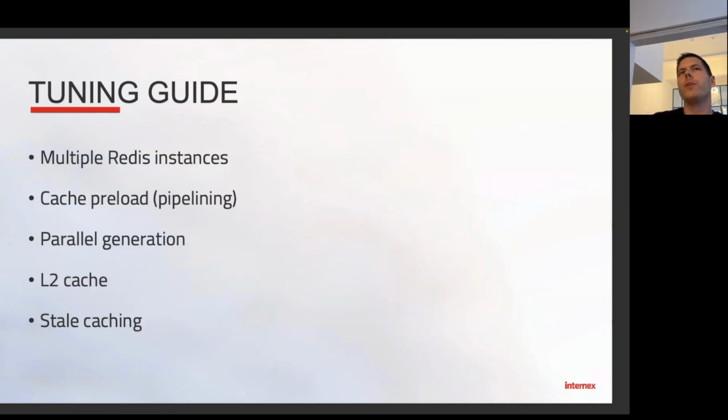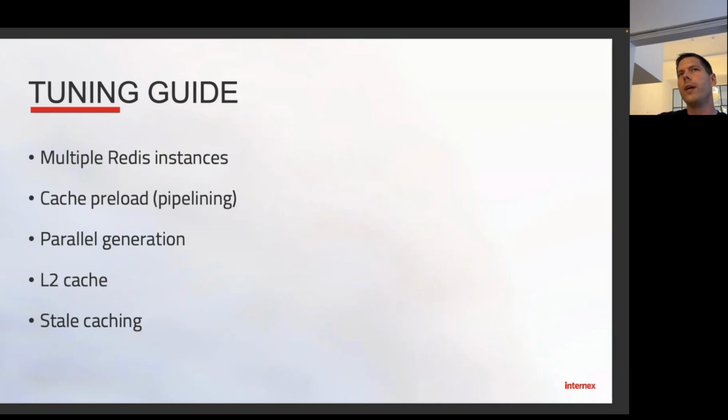Okay, so how would you tune that setup further? It could be a bottleneck if you're talking to only one primary for all your databases. So if it's busy handling sessions and handling the cache, it can get stuck or it can be a bottleneck there. So you might want to use multiple Redis instances.